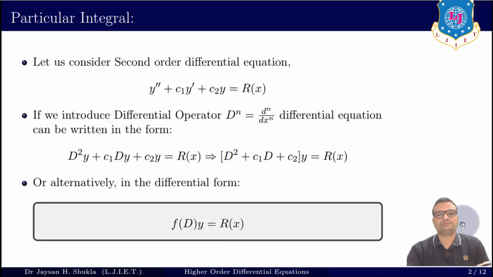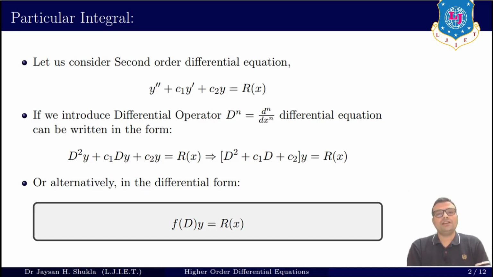This first part of this discussion is how to consider second order derivative, how to consider auxiliary equation, and then how to go for particular integral. For simplicity, I am considering second order differential equation y double dash plus c1 y dash plus c2 y equals r of x.